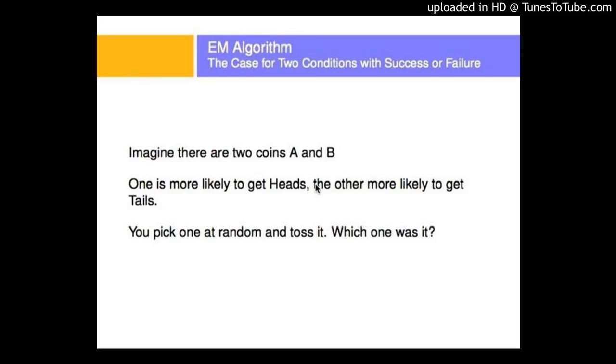Now, if I flip 3 coins, the combinations are a few more, right? I can have the first one fall heads, the second one tails, the third one tails, the first one fall heads, the second heads, the third one tails, and so on and so forth, all combinations.